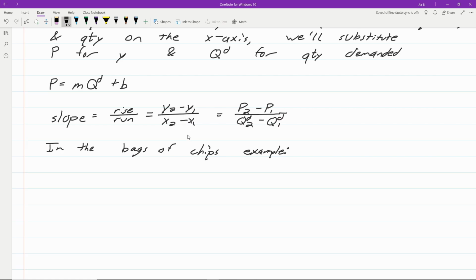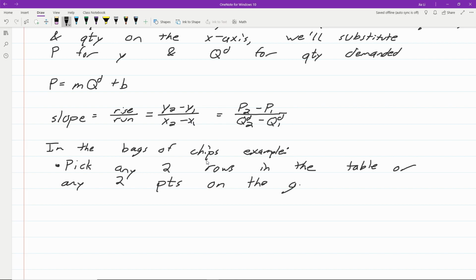So we just pick any two rows in the table, or any 2 points on the graph, to get price and quantity demanded.